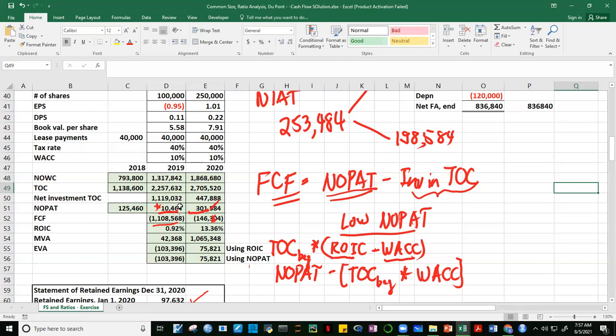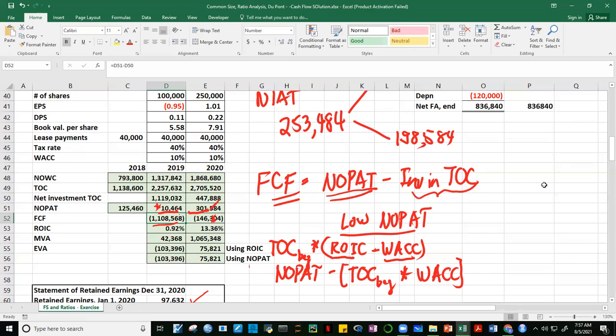And ang NOPAT natin, 10,464. Therefore, guys, magiging negative yung free cash flow natin. And in this instance, okay lang yung negative na free cash flow, kasi more money was flowed to operation. Pinasok sa operations, pinasok sa operating capital.